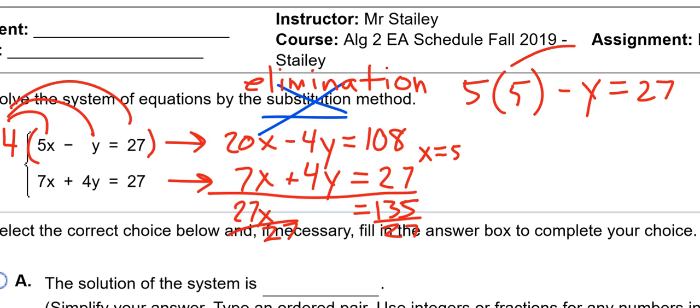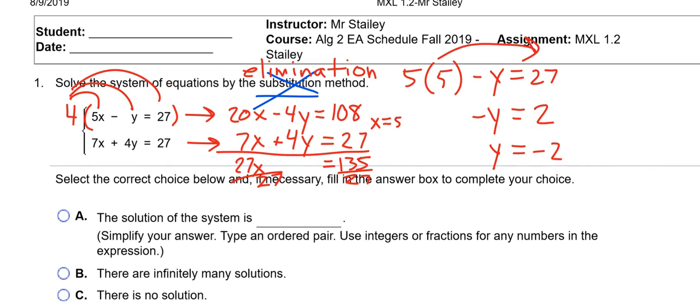Okay, so if I bring that 25 to the other side, it says negative y equals 2. What does 1y equal? If negative y is equal to 2, what's 1y equal to? Negative 2. Thanks for dividing with me. So 5 and negative 2. And that's enough for today.